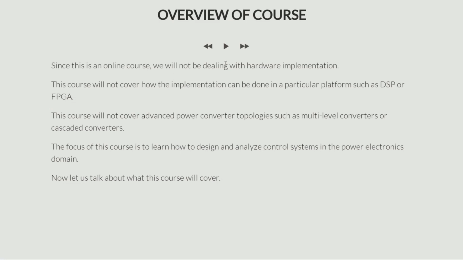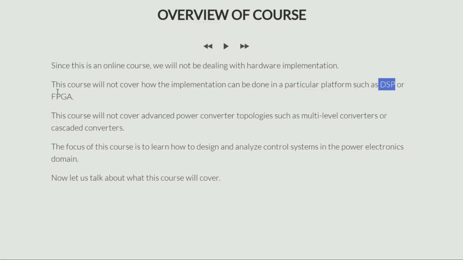There will be no circuits. There will be no hardware. There will be no oscilloscopes. There will be none of these. This is a simulation and programming course. That is it, right? Also, most importantly, all the programming and simulations I do will be in Python, but there is going to be nothing to do with the implementation on a particular platform. For example, I will not talk about how these codes can be converted directly for a DSP or for an FPGA, right?